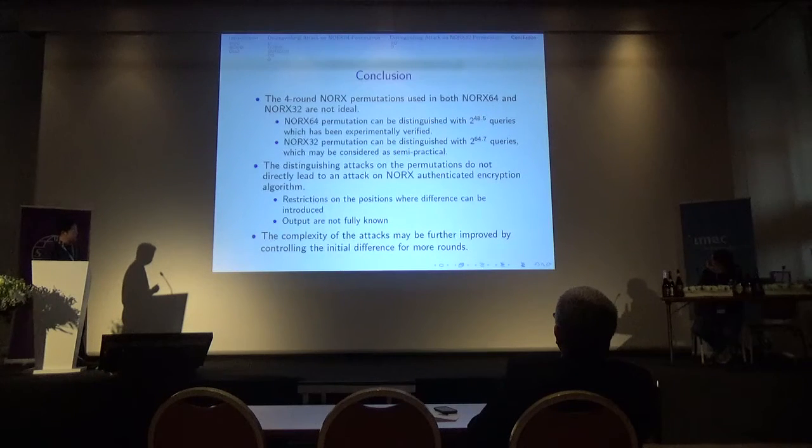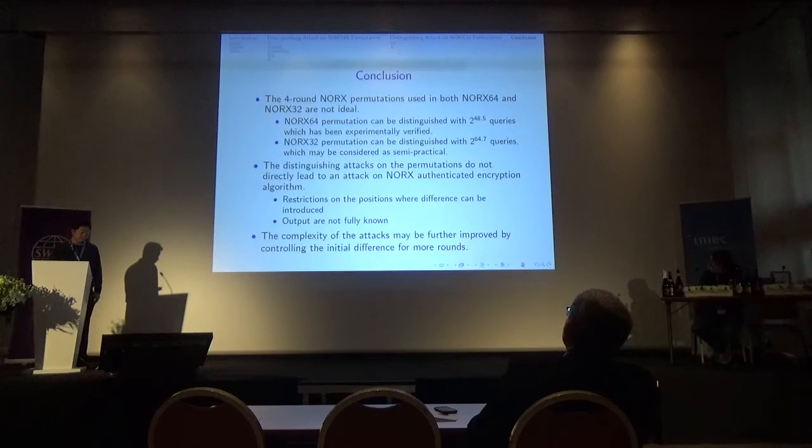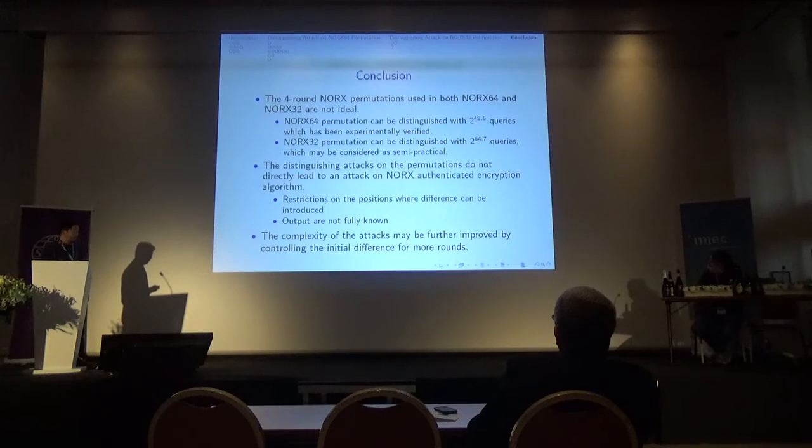And these distinguishing attacks on the permutation do not directly lead to attacks on the real authenticated encryption algorithm, because in the real case, the input cannot be injected into arbitrary places, and also the output bits are not fully known. And I want to remark that the complexity of the attacks may be further improved by controlling the initial difference for more rounds. So that's all for the attack.